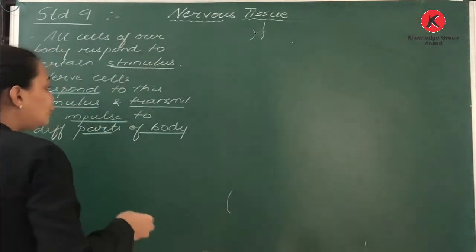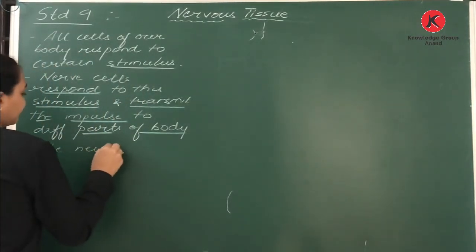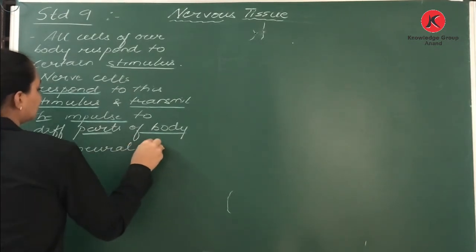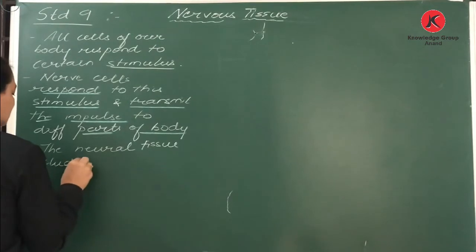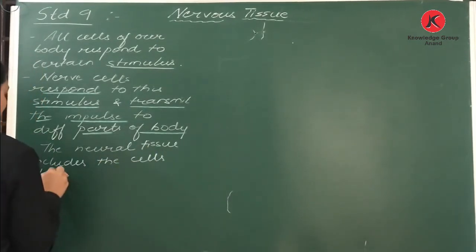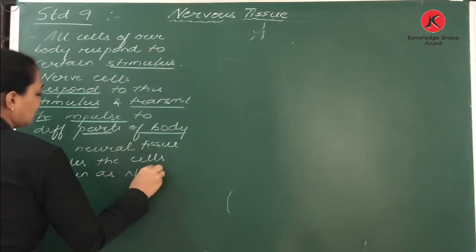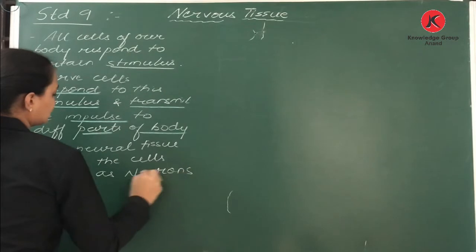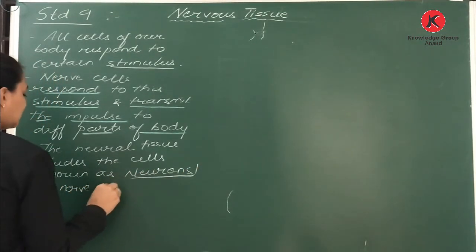Now, this neural tissue, that is the nervous system, includes the cells which are known as neurons. The neural tissue includes the cells that are known as neurons or nerve cells.